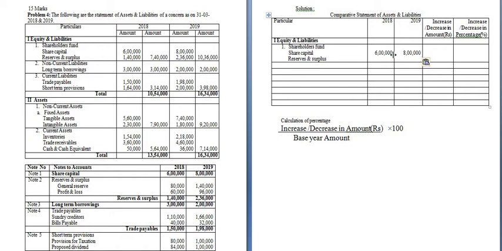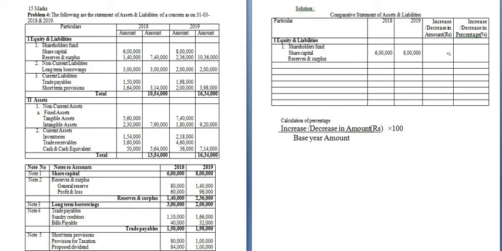Now make the comparison. Share capital of 2019 is increase. How much increase? So first write here plus sign. How much increase? Rupees 2 lakh.